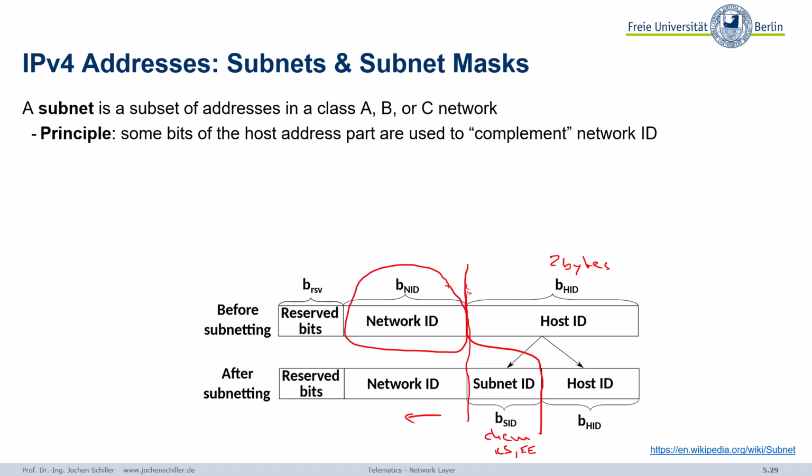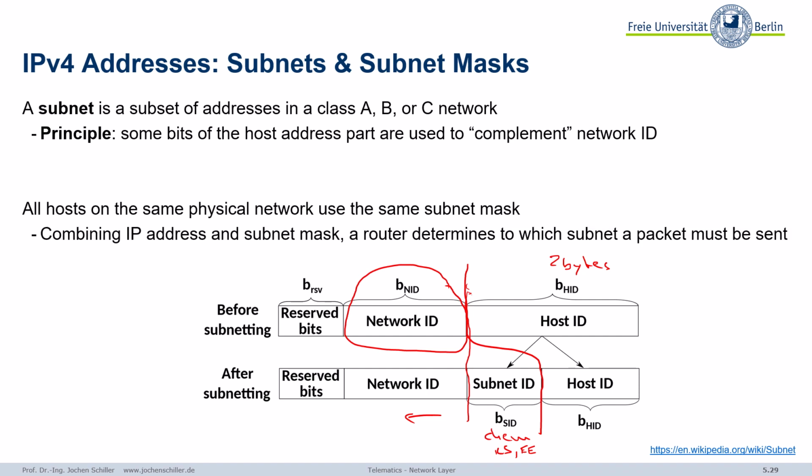It's just a question who assigns which part. So all the hosts in the same physical network now use the same subnet mask, and you have a certain subnet ID for the subnet of chemistry, for example, and all the computers within this then use the same network mask. And then, as we'll see on the next slide, we combine the IP address and subnet mask, and then the router knows which subnet the router has to use.